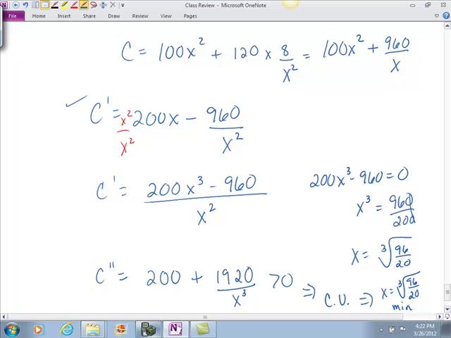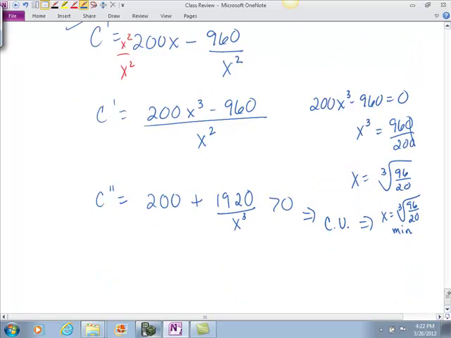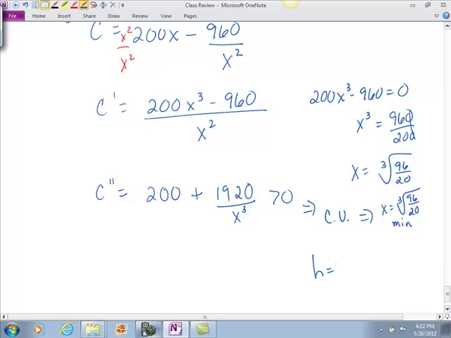Do they want the actual cost? Okay, so we've got x. If you want to get h, it is 8 divided by x squared. So here it's going to be 8 divided by the cube root of 96 over 20 squared. You can type that into your calculator.